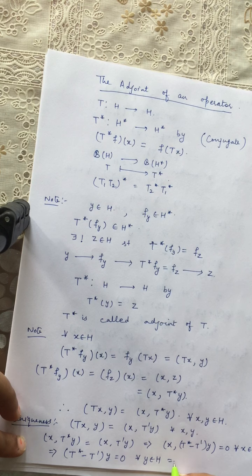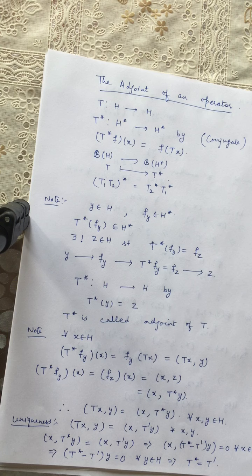So whenever this is equal to 0 for all y, that means T star is equal to T dash. So from this property we can say that every operator T has a unique adjoint operator.